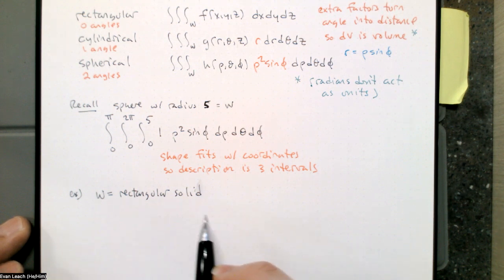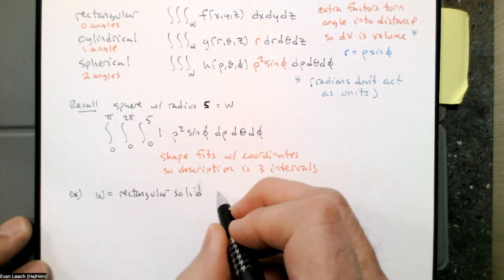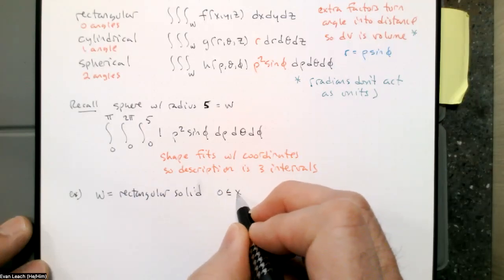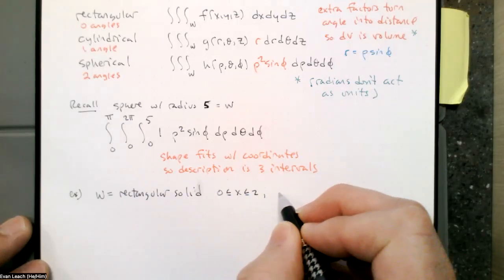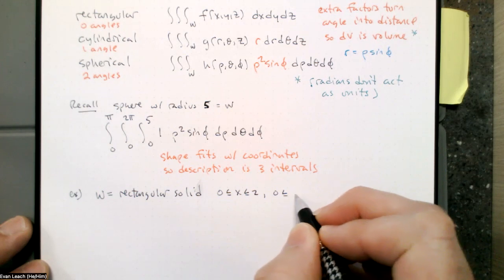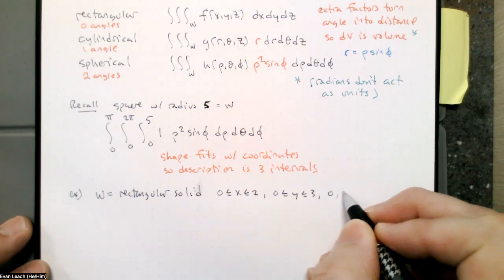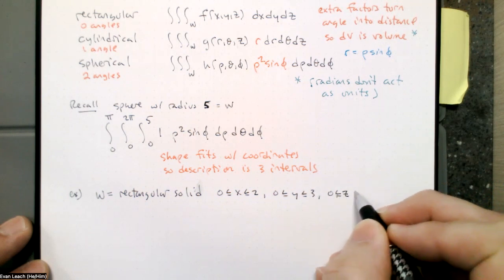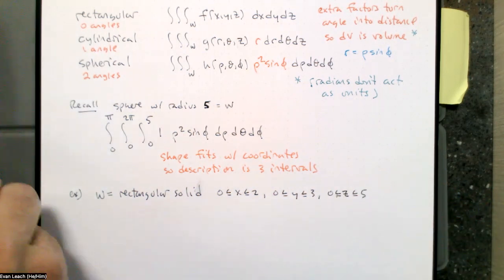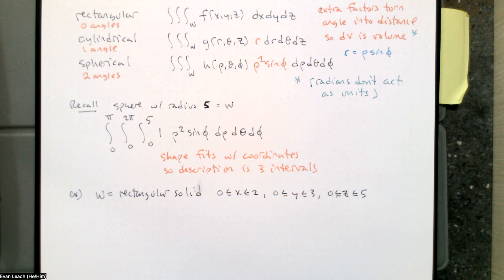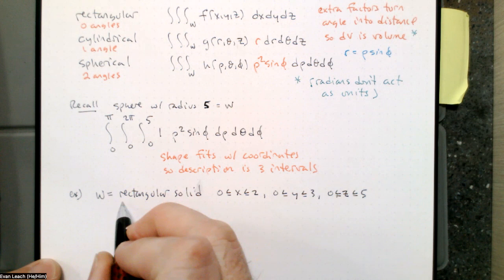So if our box is a rectangular solid where x goes from 0 to 2, y goes from 0 to 3, and z goes from 0 to 5, it's really easy to describe this rectangular solid with just 3 intervals because the shape matches the coordinates.